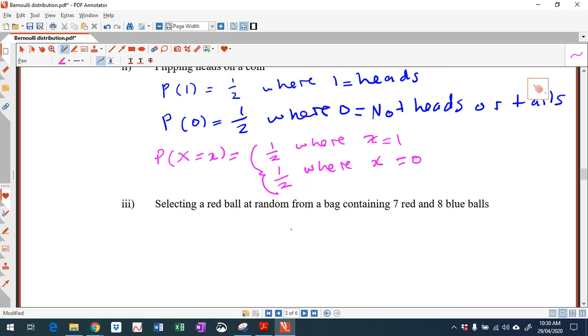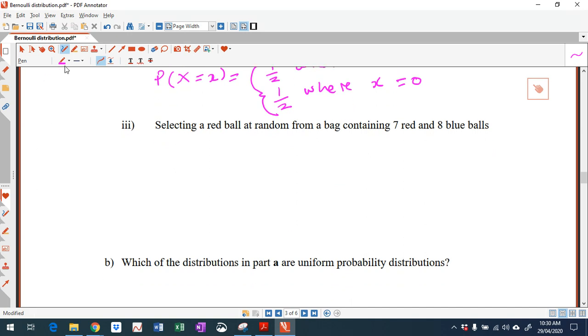Part 3, we've got the probability of selecting a red ball, so that's our success criteria. So I'm just going to go probability of red, that's 7 out of 15, where 1 equals red.